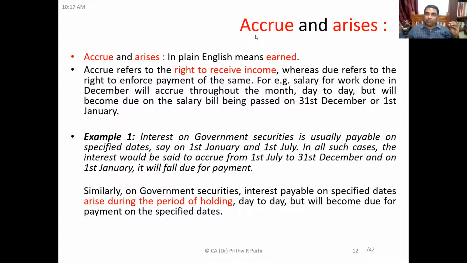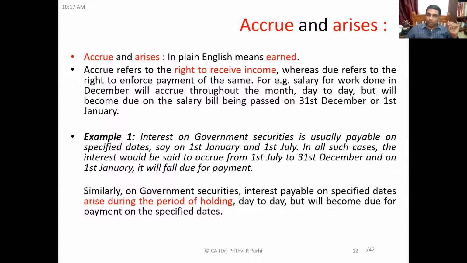For example, if you are depositing a fixed deposit in a bank for 5 years, you will be receiving the interest after 5 years. But during these 5 years, at the end of every year, our income is accruing out of that deposit. But it has not become due. That's why you are not receiving it. It is accruing but not due.